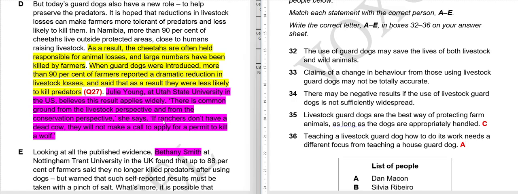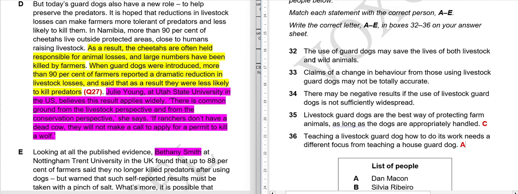She says if ranchers don't have a dead cow, they will not make a call to apply for permit to kill a wolf. So she is just saying that if they do not have any dead cow, they will not be killing wolf.